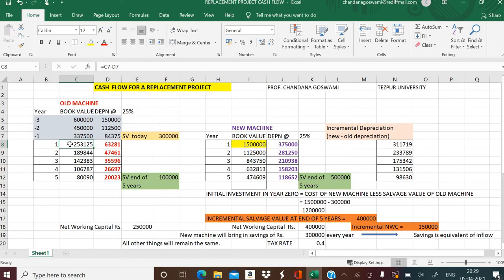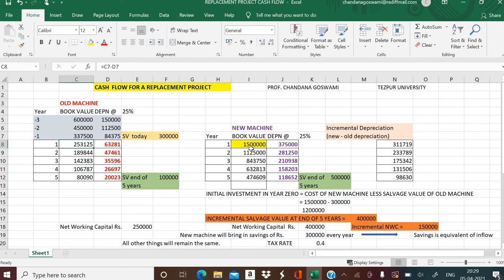So this becomes our starting point. And this old machine, you can actually sell it off in the market and you will get a salvage value of 3 lakhs. The new machine, if you want to buy, is going to cost you 15 lakhs.